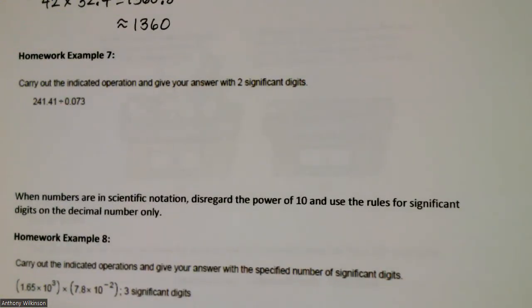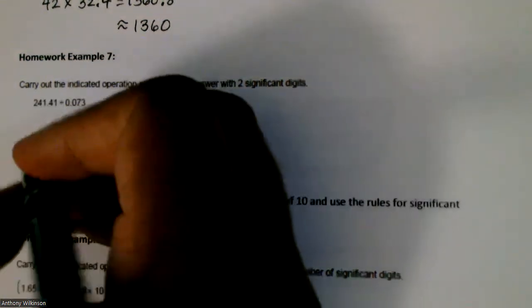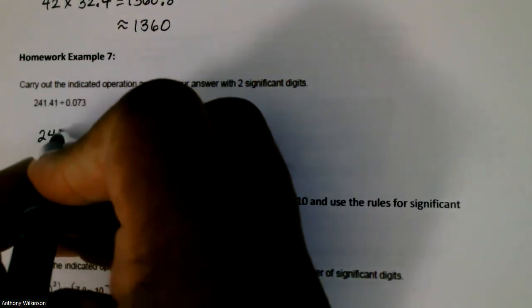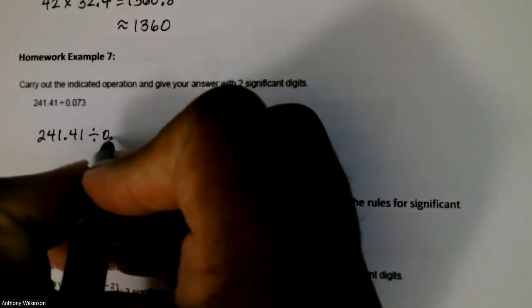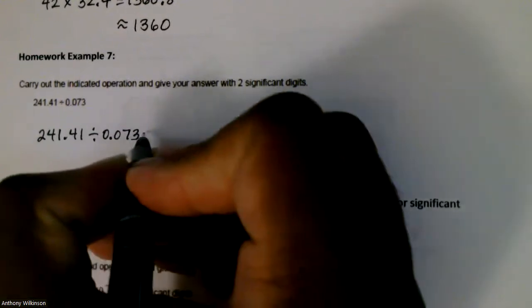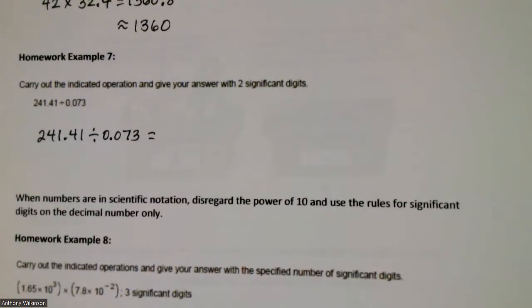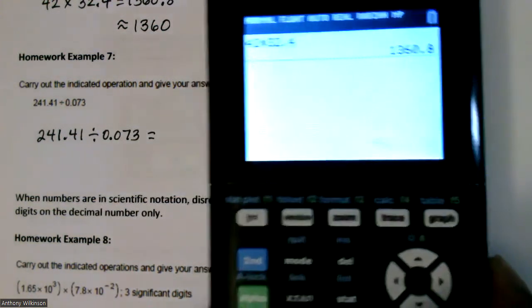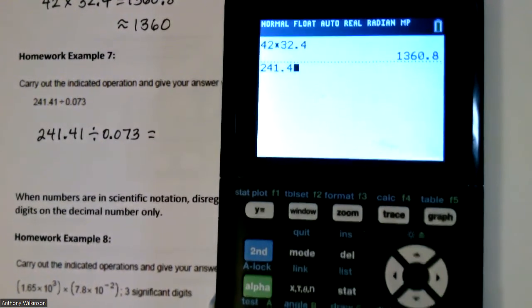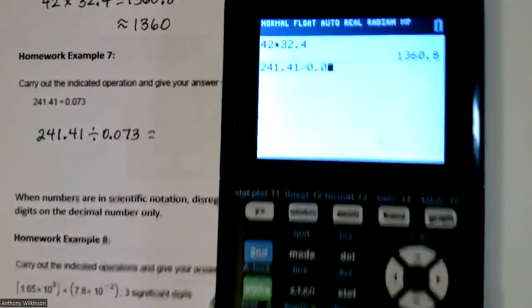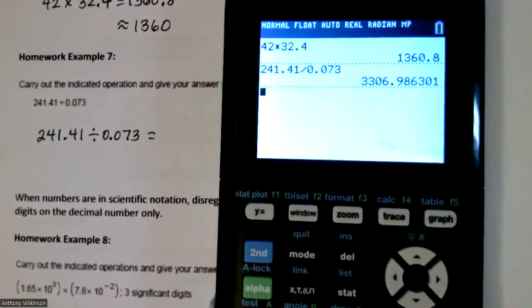We got 241.41 divided by 0.073. And we'll want this answer to 2 significant digits. I'm sorry, 241.41 divided by 0.073.